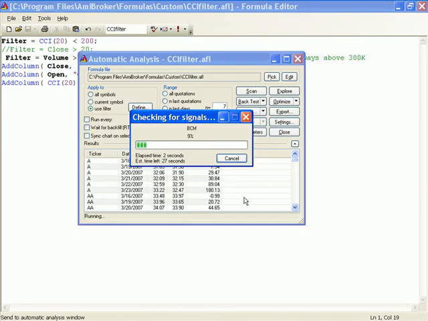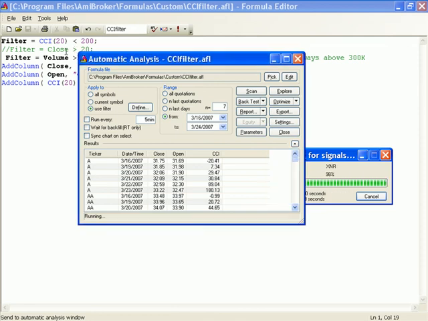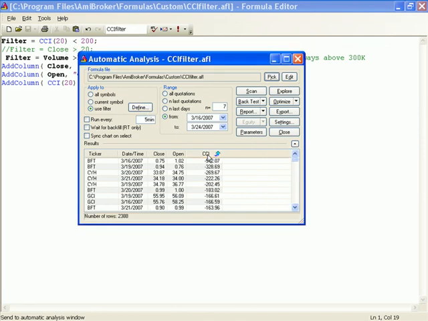Okay, I'm running the signal check again. Again, I may have made the mistake, but I thought the filter closed over 20. And okay, that's looking a lot. No. It's pulling up all of them.